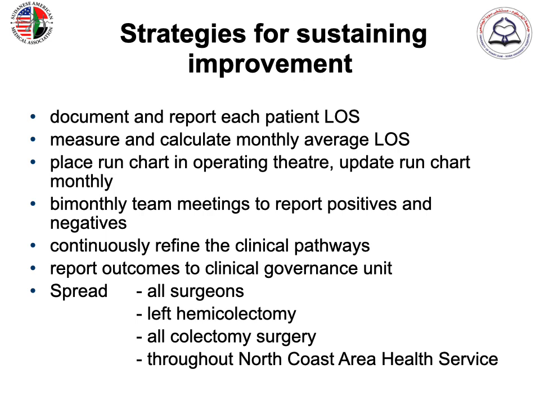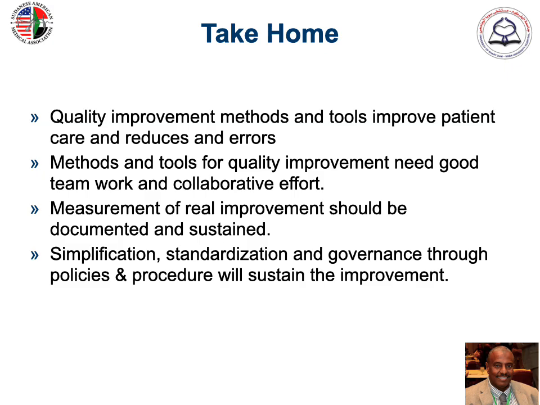They meet every 2 weeks, and then they correct their intervention. After they do continuous refinement of the clinical pathway, then they implement on a wider scale, then they disseminate, then it becomes hospital policy. Take home: quality improvement methods and tools improve patient care and reduce errors.